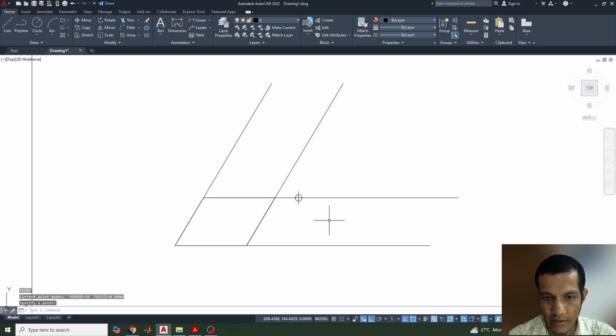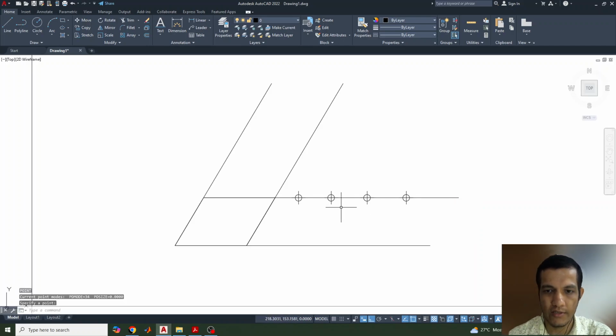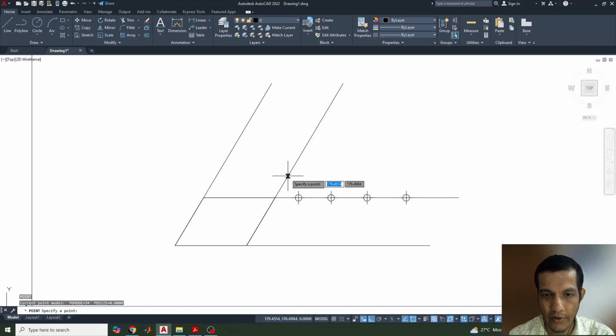Let's start from here, just repeat the point here. One midpoint is there, let's give it here. So the next point, and this is the next point. So similarly 4 points are given. Here also I'll give some points, 1, 2, 3 and 4.